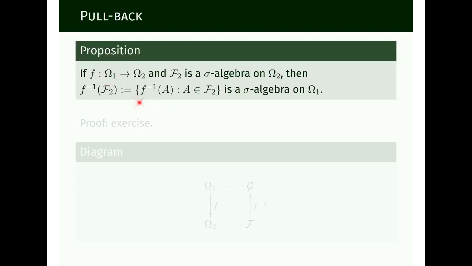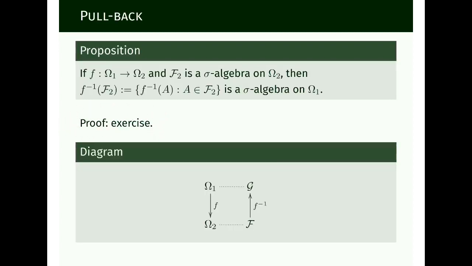We may wonder whether this family is a sigma algebra on omega 1. And the proposition says, yes, it is a sigma algebra on omega 1. The proof of this proposition is also an exercise for you.